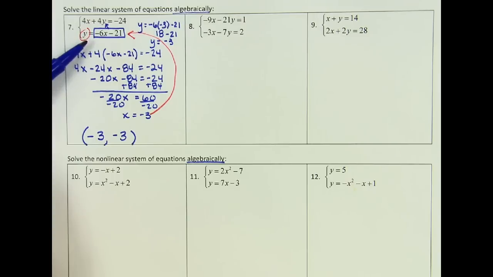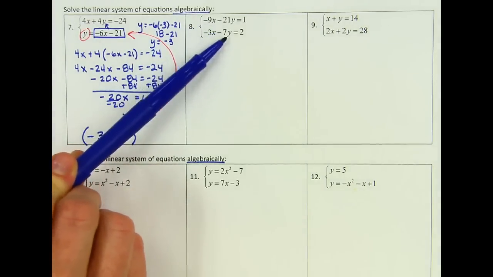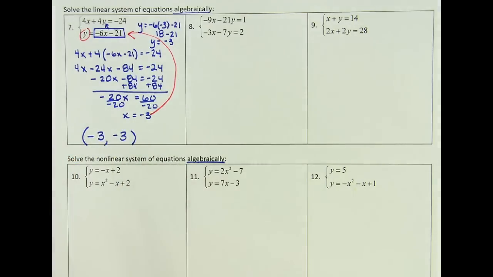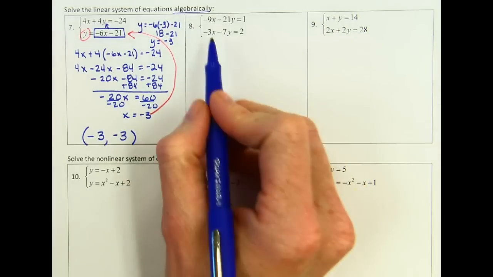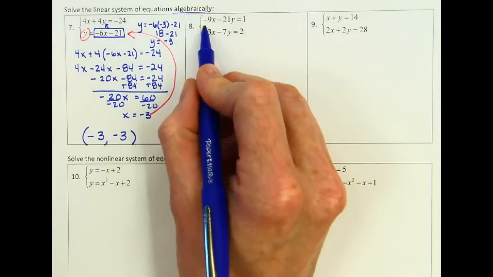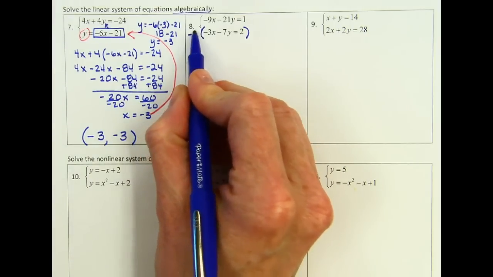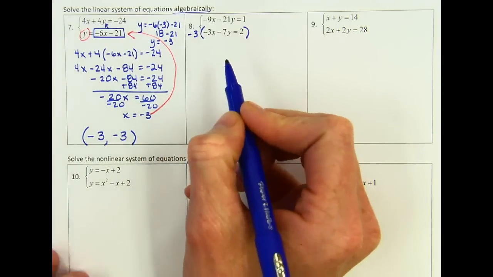Now, as we look to number 8, you can see that there is not a variable by itself. Therefore, we're going to go with the linear elimination method. And you actually pick a letter, x or y, and try to make opposites. So if I multiply the bottom by a negative 3, I can make opposites.